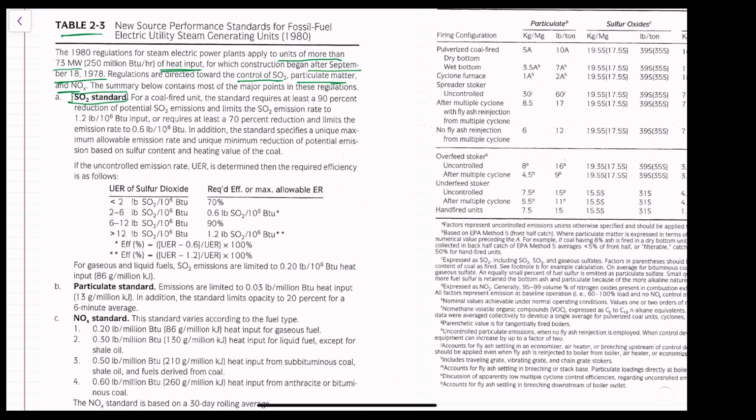So first, whenever we do this, we have to calculate the uncontrolled emission rate, and then we will use this table to calculate the control efficiencies required.